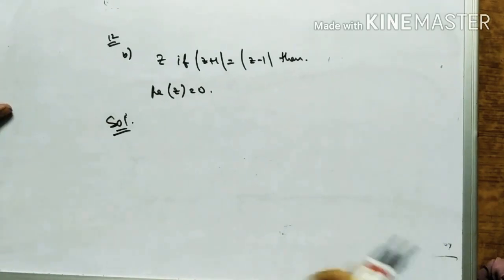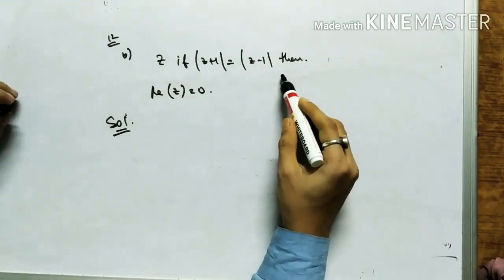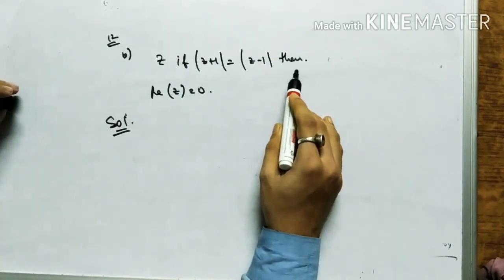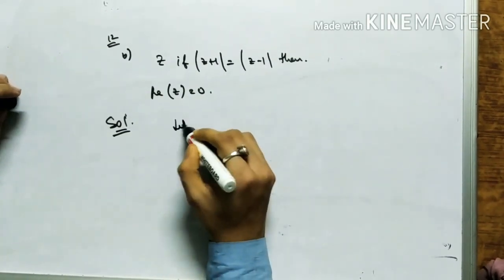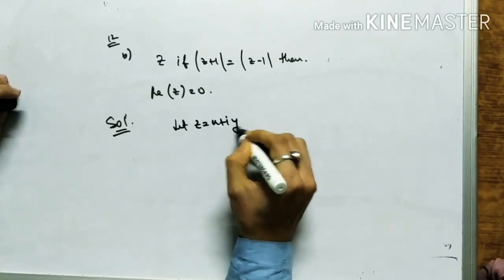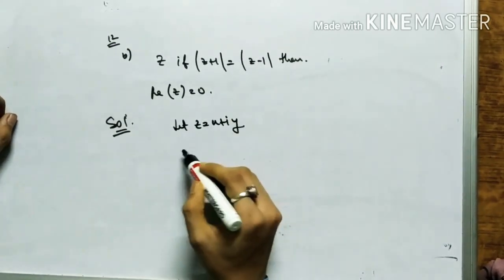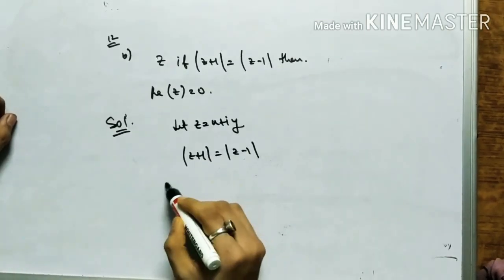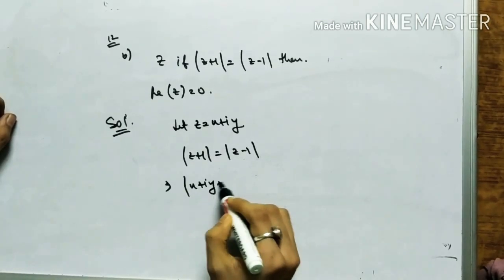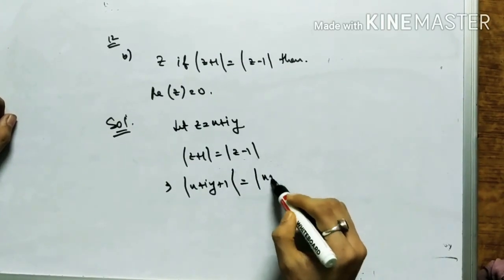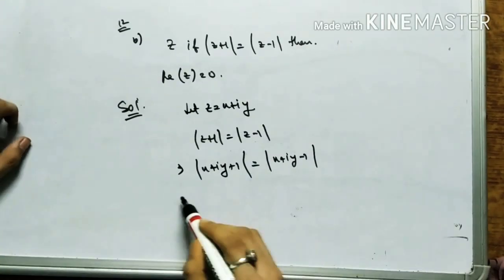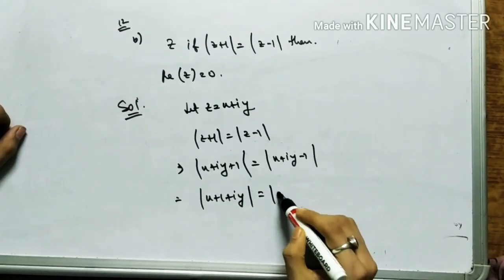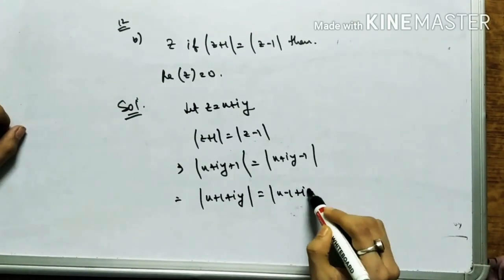Let z equal x plus iy. Given that modulus z plus 1 equals modulus z minus 1, we have x plus iy plus 1 equal to x plus iy minus 1, so x plus 1 plus iy and x minus 1 plus iy.